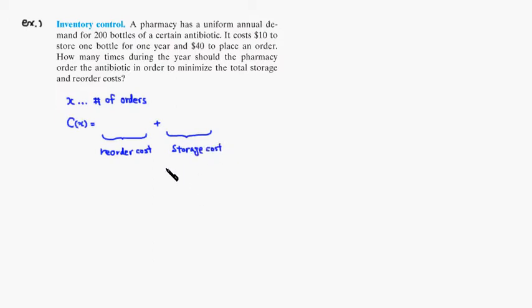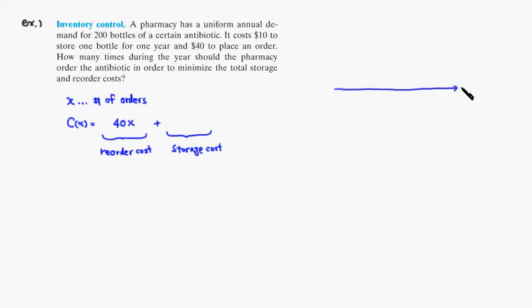Since we make x orders per year, and each order costs $40, the reorder cost would be $40 times x, right? And the storage cost is a little tricky. Since they have a uniform annual demand, you can think of it this way.